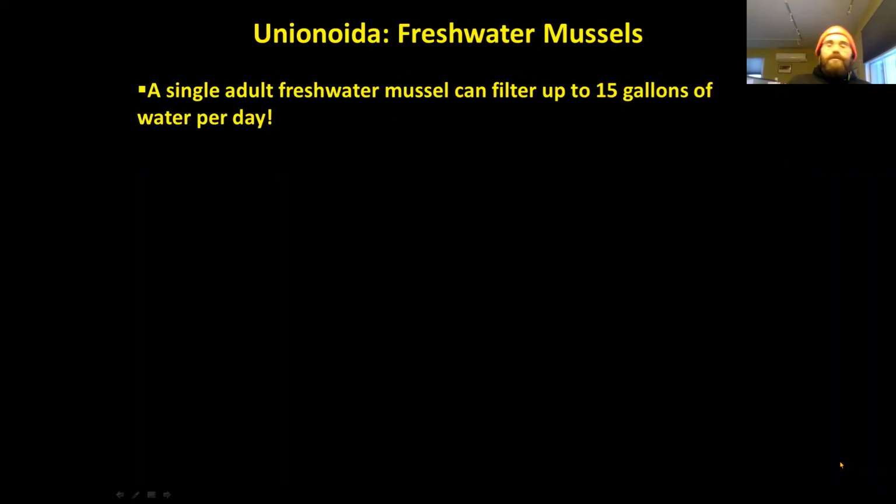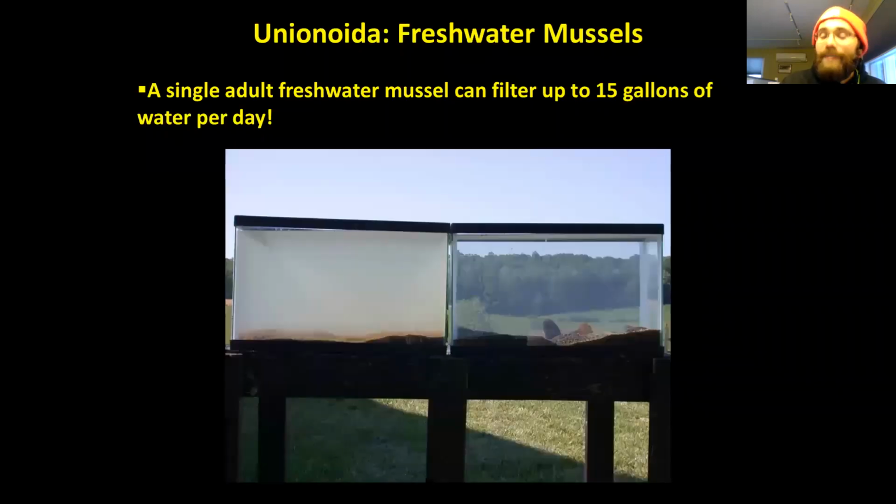So freshwater mussels are capable of filtering up to 15 gallons of water per day. Here we have an example of 2 fish tanks that were filtered over 24 hours. This one has no freshwater mussels in it. This one has about 3 freshwater mussels in there. And look how clear that water is in comparison to the tank on the left.